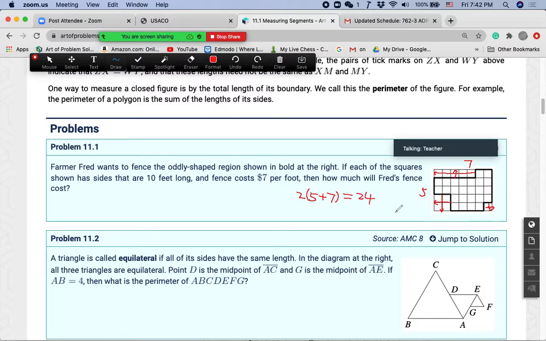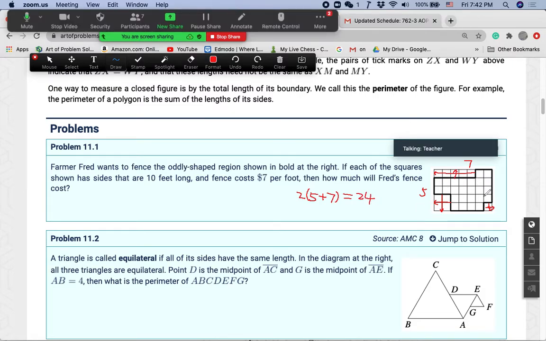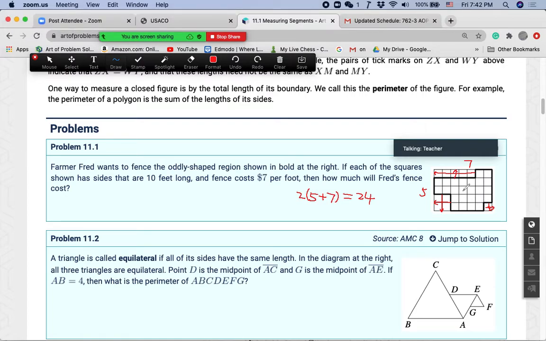So later when you see this kind of problem that asks you to calculate the perimeter, if the shape is very weird, you can just push it to the outside and make it a rectangle, maybe a square.